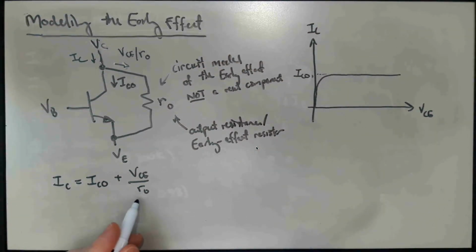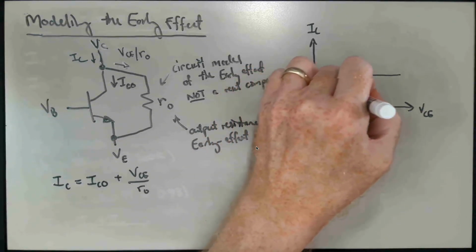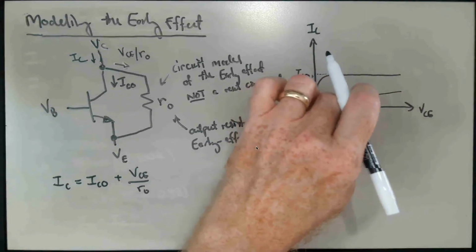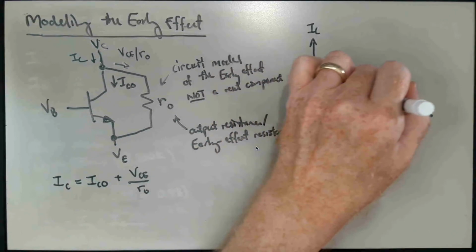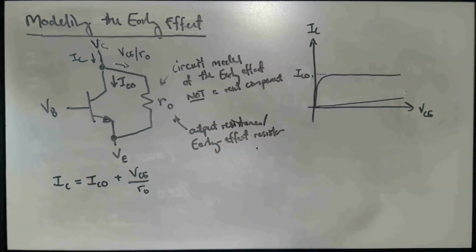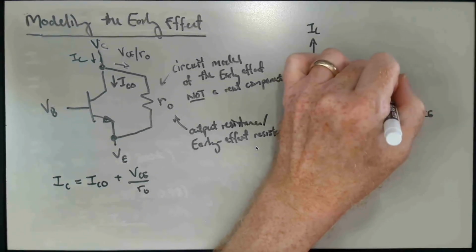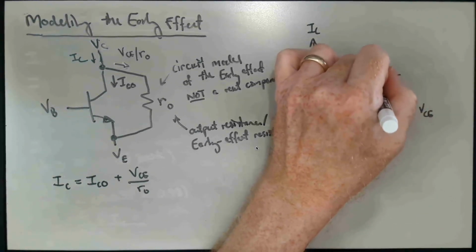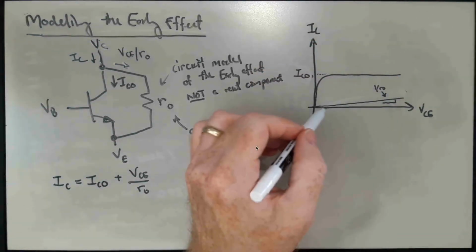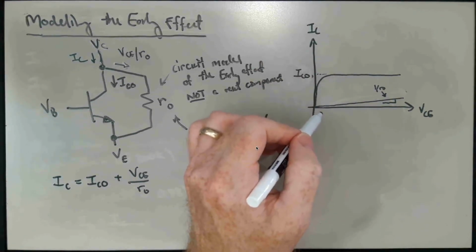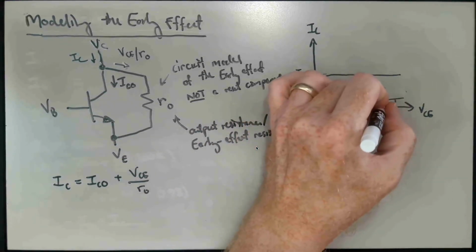Now, this piece, the early effect resistor piece, is going to be Ohm's law, right? Maybe I'm drawing this a little bit too steep. It's going to give you a current that's proportional to VCE, and the slope of this line is basically 1 over RO. And the total current, IC, is just given by the sum of these two characteristics. We've got this idealized transistor, and we've got the early effect resistor.